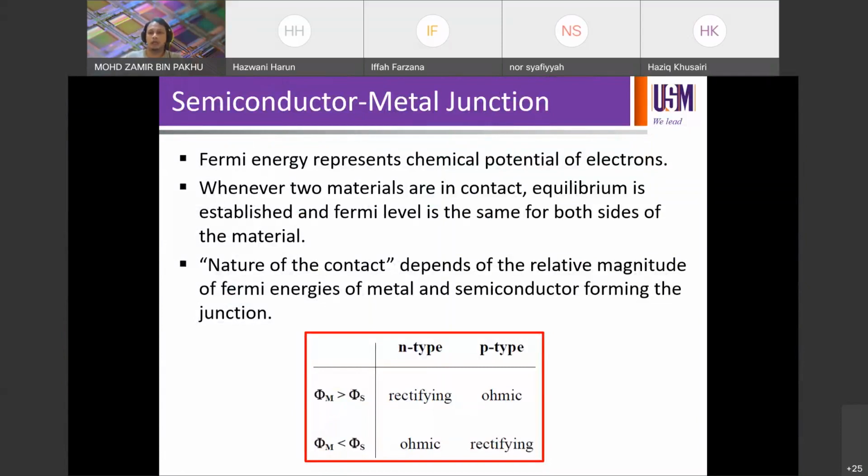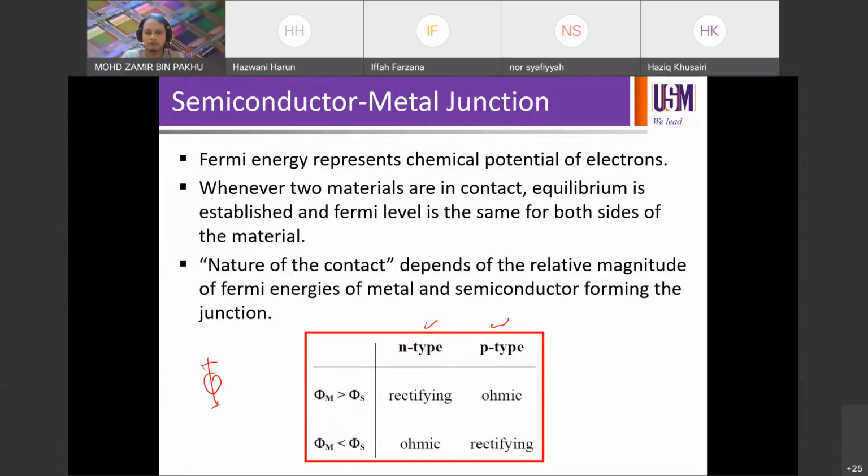So let me just recap, what you have to look at is two things. First is the work function of the metal versus the semiconductor. Second thing is whether the semiconductor is p-type or n-type.